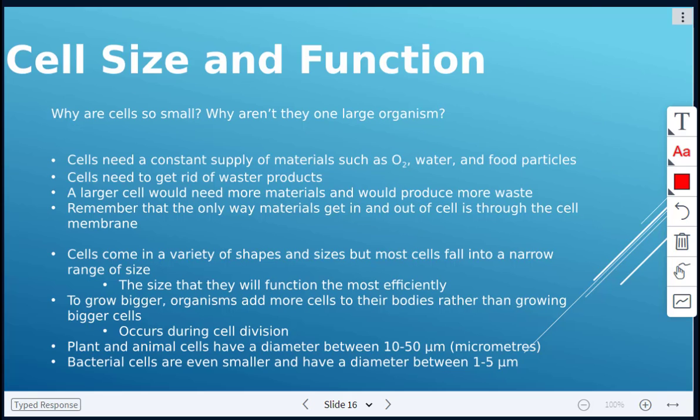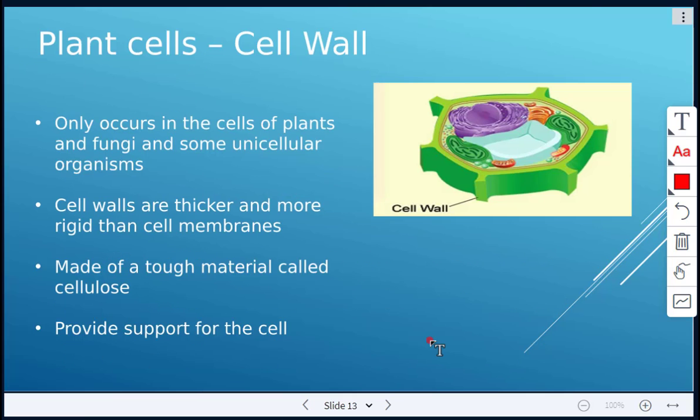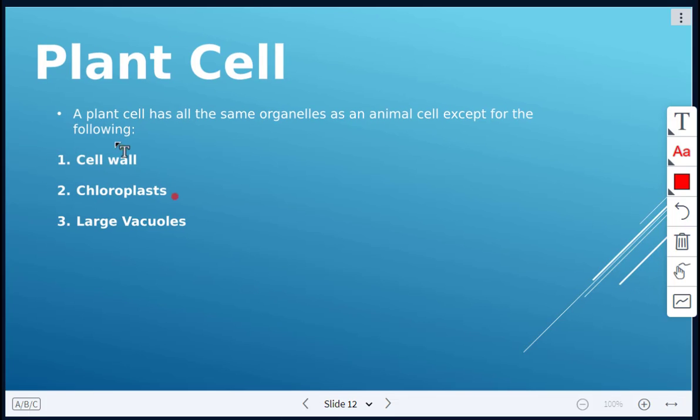All right, so just to reiterate, the plant cell still has the same organelles as we saw in the animal cell. So it still contains the nucleus, the cell membrane, mitochondria, and the cytoplasm. These are just the extra structures that we see in the plant cell, which were the cell wall, the chloroplast, and that large vacuole.